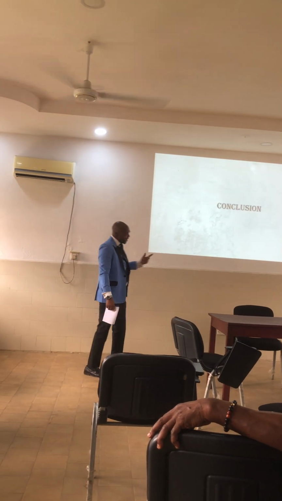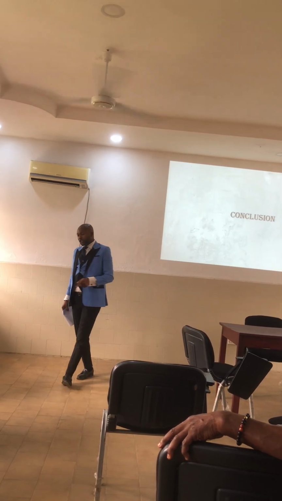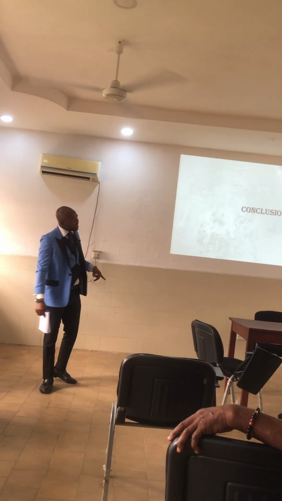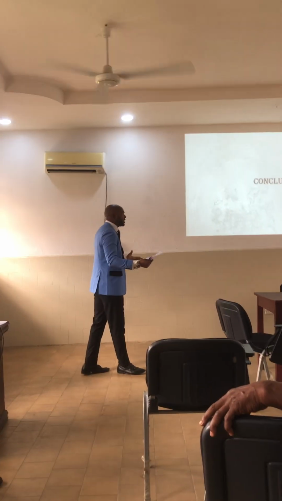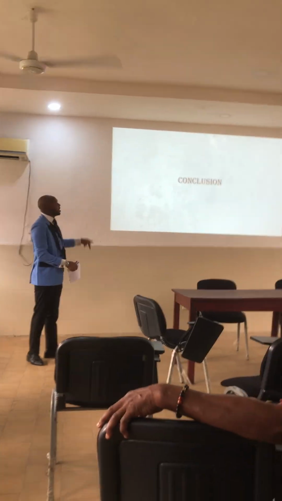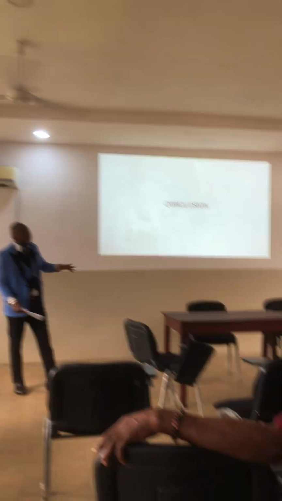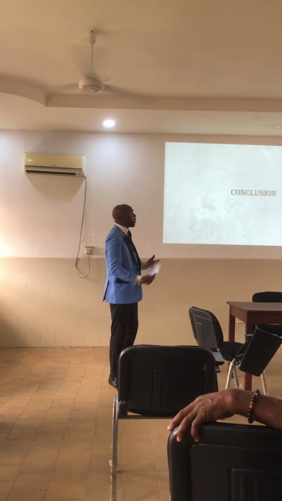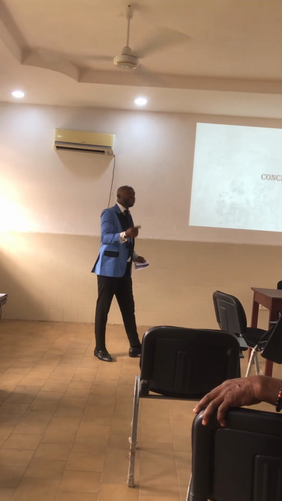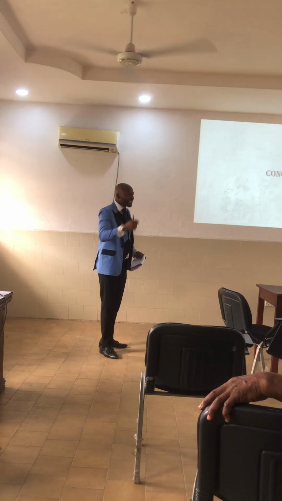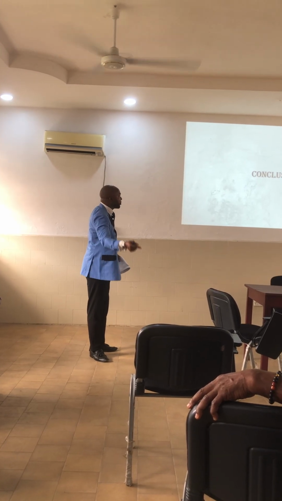Conclusion. The aim of my work was to determine the antimicrobial activity of the plant Anthocleista vogelii, because it has been shown that it has the ability to treat various diseases, and our job is to confirm if it is a fact that it has this potency of inhibiting microbial growth.